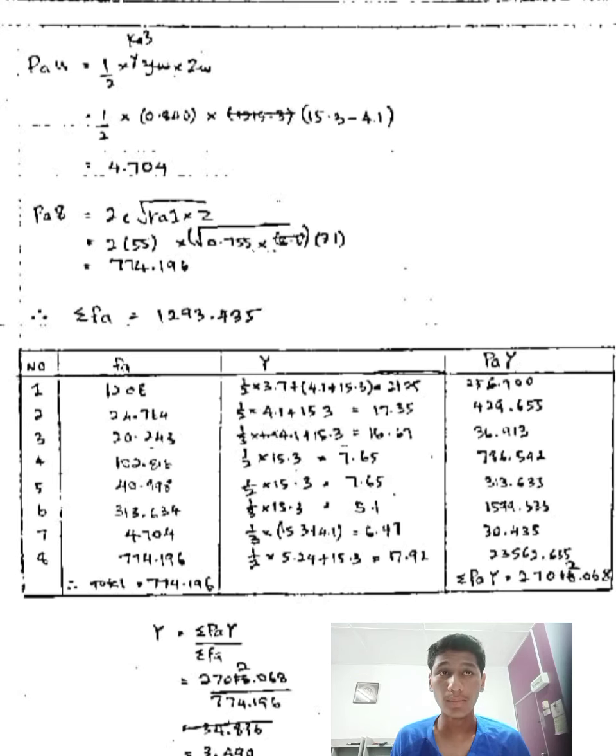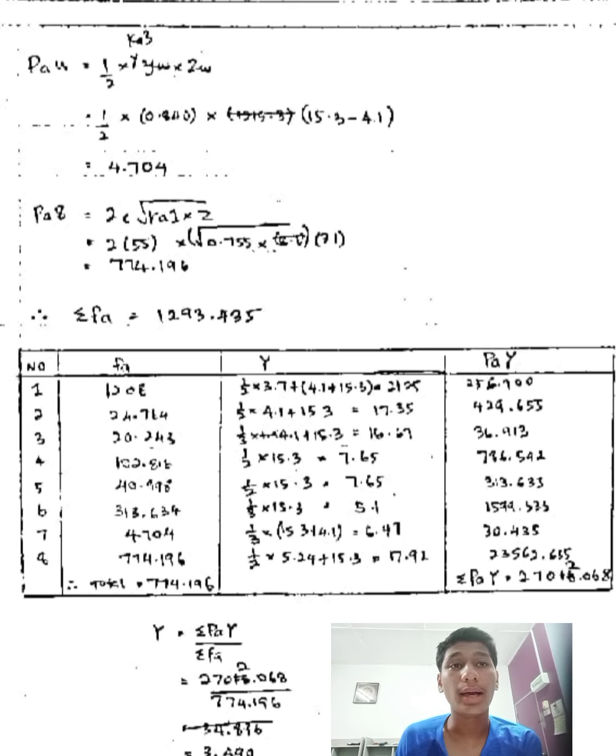The table below is to find PA gamma, and the PA gamma is 3.490.